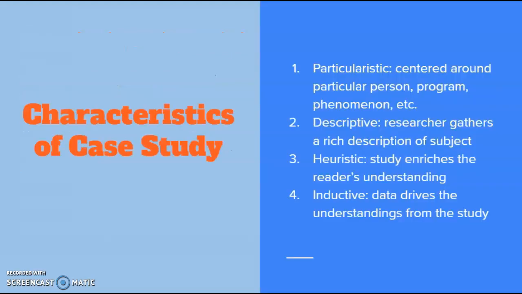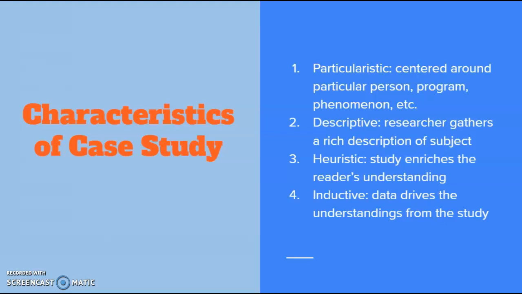A case study consists of four characteristics. First of all, case studies are particularistic, which means that they are centered around a particular person, program, or phenomenon. Case studies are descriptive in that the researcher is gathering a rich description of the subject. Case studies are heuristic.